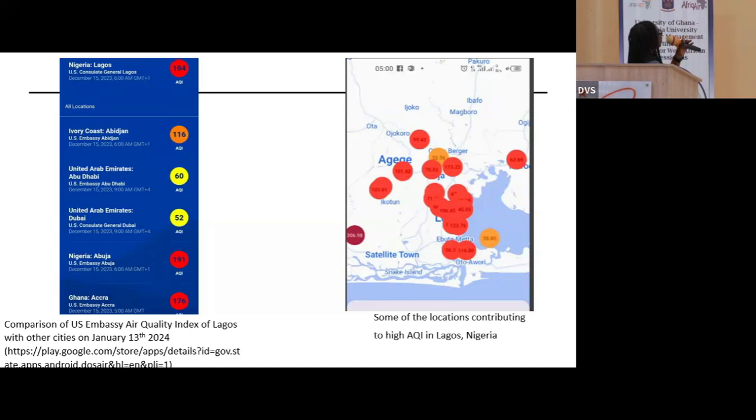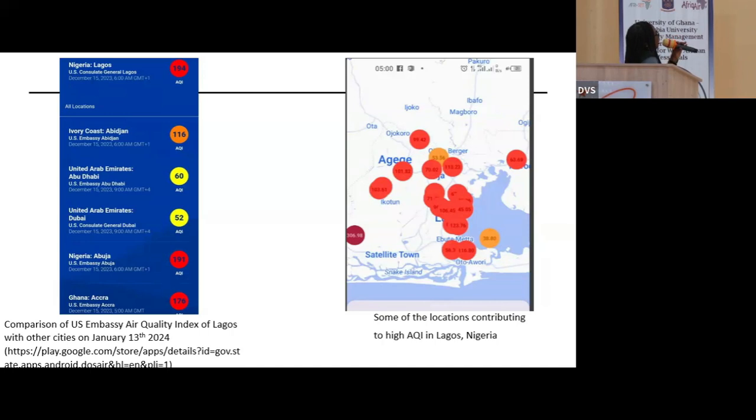You can see the Abuja US Embassy there. You can see the Lagos US Embassy there, 194. We used the US embassies to compare and see what is happening in different places. Like I told you, we only have the reference monitors in Lagos and Abuja US consulate.